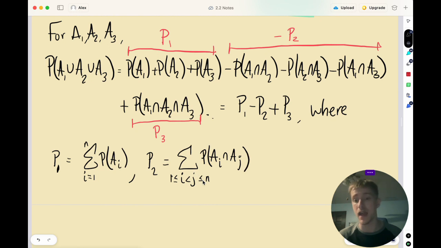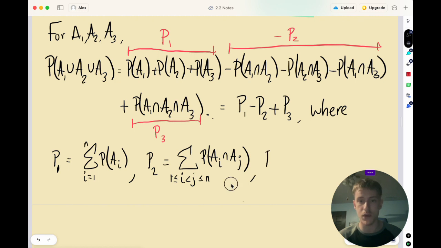So in the case of n equals 3, this would be i and j between 1 and 3: so 1, 2, 1, 3, and 2, 3. Remember, for intersections, the order doesn't matter, but saying that i has to be less than j assures us that we're not double counting them. So we are only taking each double intersection once.